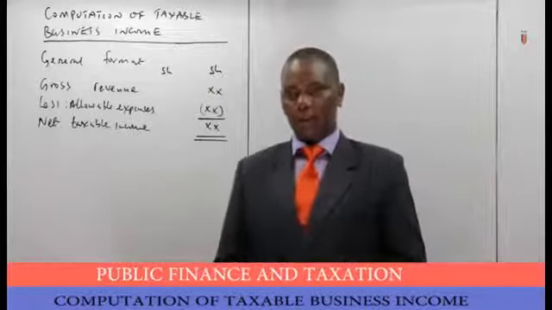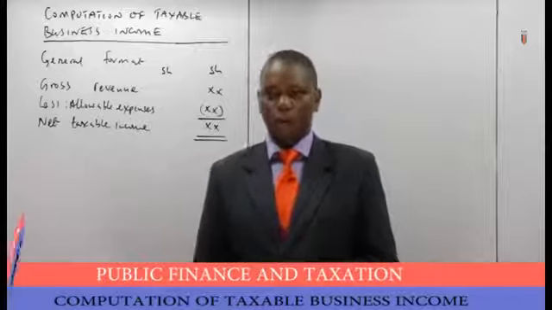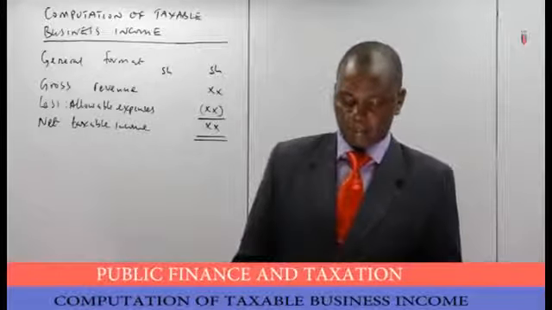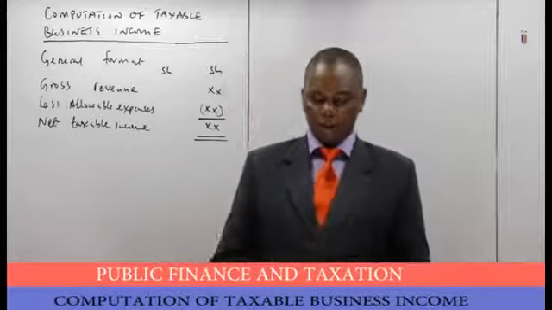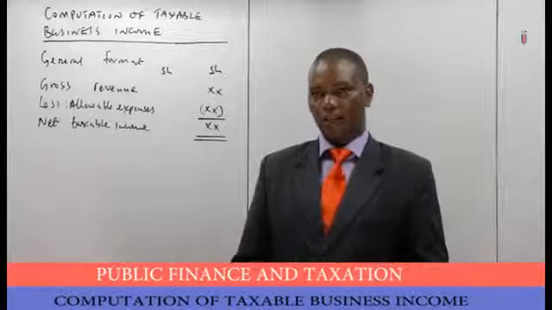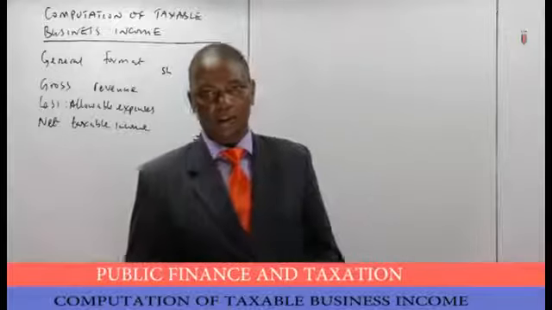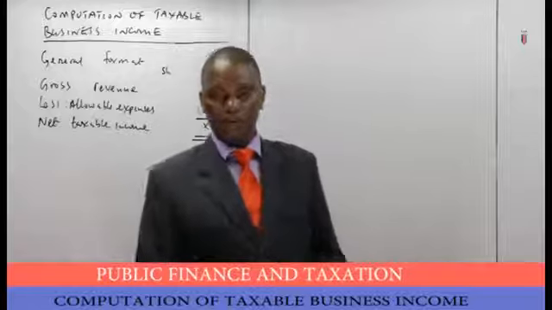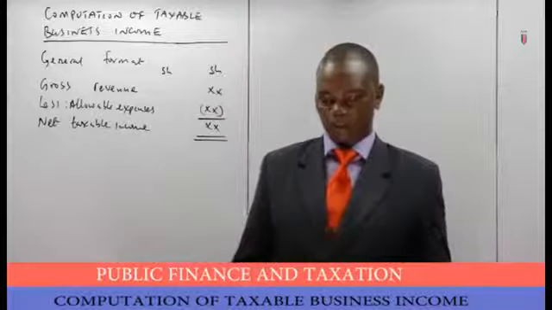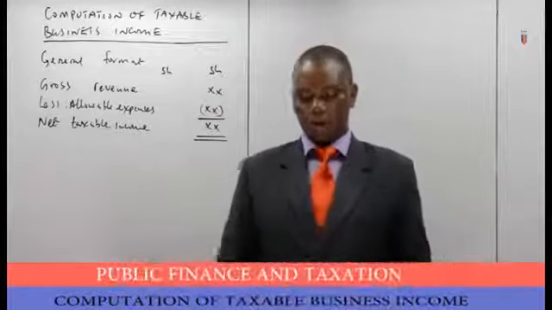Then, the other item, number 5, is capital allowances. Remember, in our earlier discussions, we have discussed the various types of capital allowances. In this case, we have discussed the investment deduction, so investment deduction is allowable.